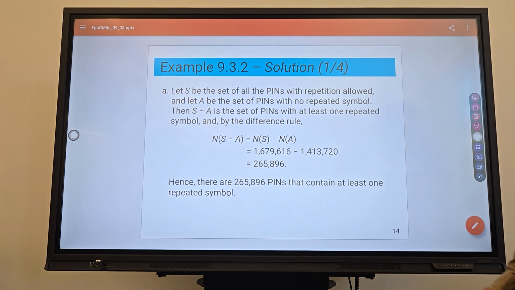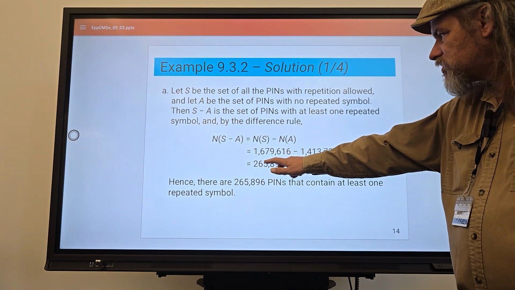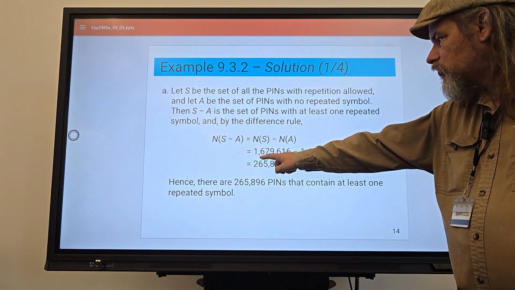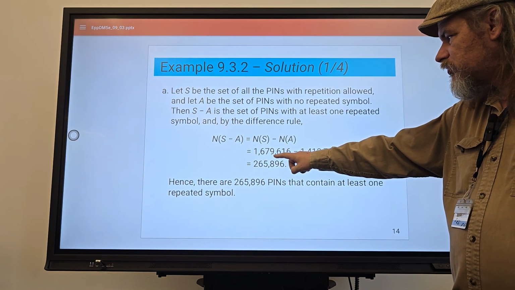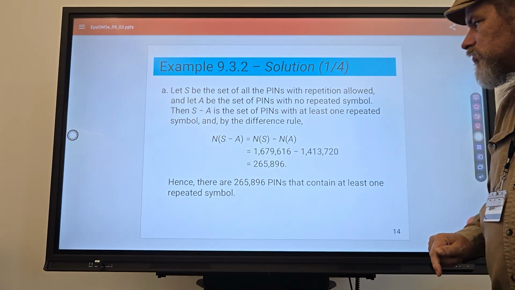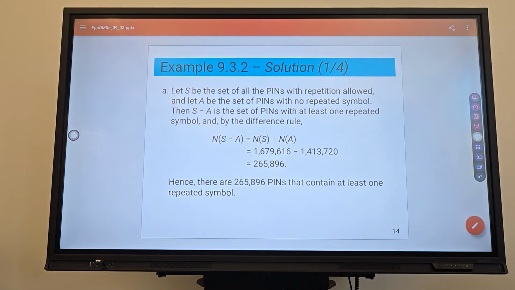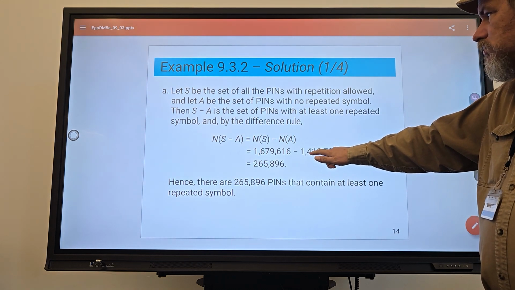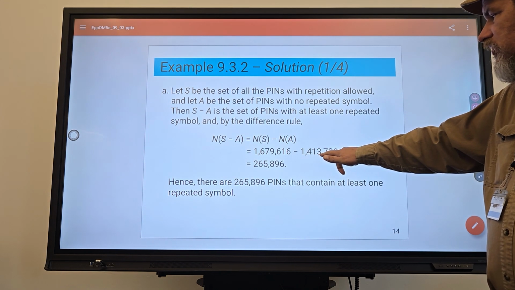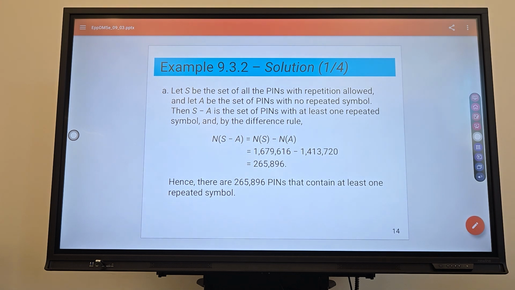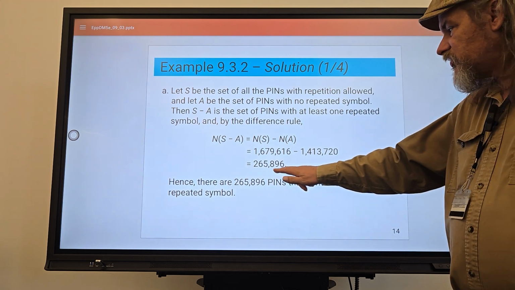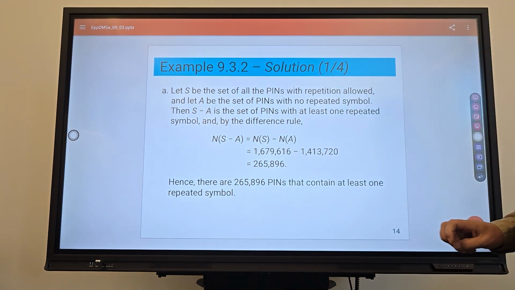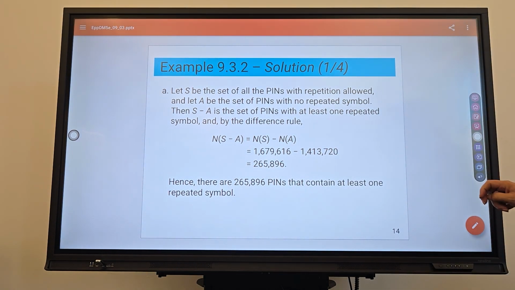As we calculated earlier in the section, there are 1.6-ish million total pins, and 1.4-ish million pins with no repeated symbol. By the difference rule, then the number of pins that contain at least one repeated symbol is about 265,000.